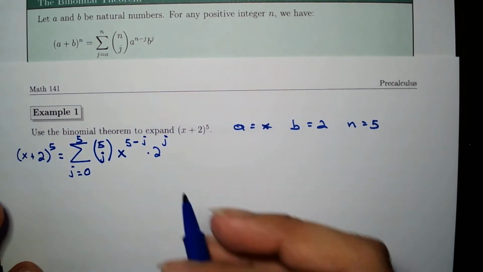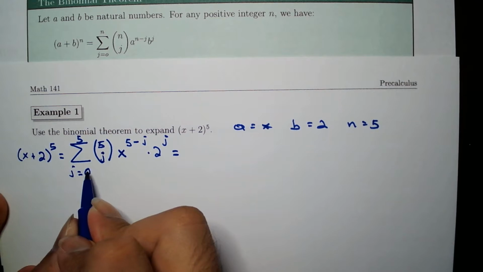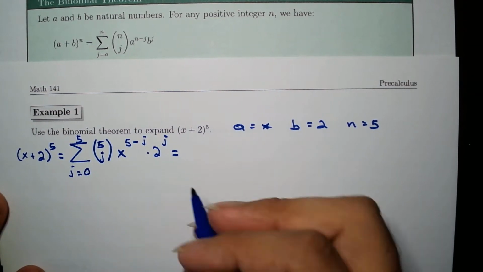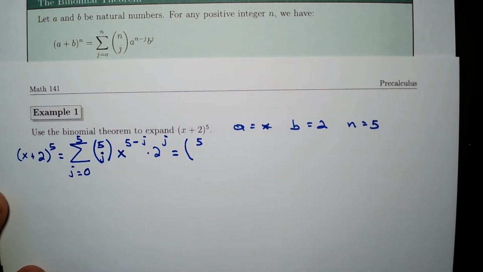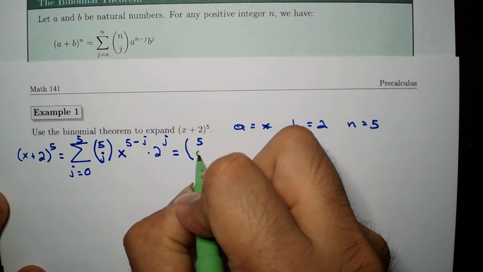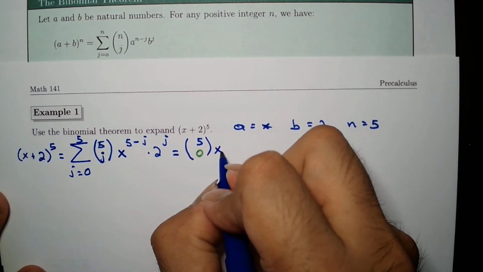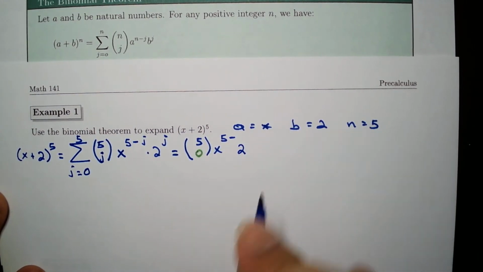Alright, so the way we are going to expand this, we are going to plug in all the j's from 0 to 5. So what we're going to do is 5 choose 0 times x to the 5 minus 0 times 2 to the 0.